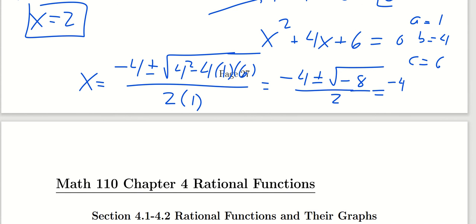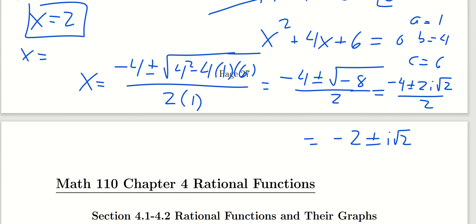It's also going to be imaginary. That reduces to plus or minus 2i radical 2 over 2, which itself reduces to negative 2 plus or minus i square root of 2. So we started with a polynomial of degree 4, and we actually do get 4 complex valued solutions, as is stated by the fundamental theorem of algebra.